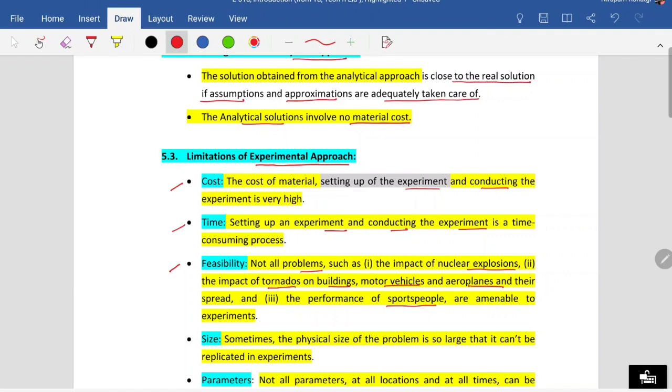Like sometimes you must have studied vehicle crash studies. You can put a dummy person there. So basically you are approximating a man with a dummy, and approximating a very complex type of accident with a simple accident, a head-on collision.